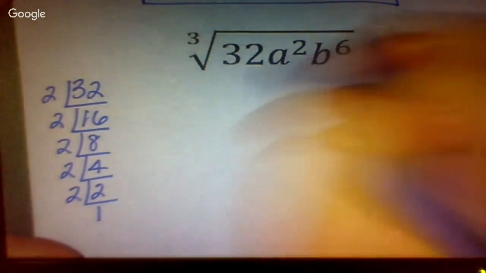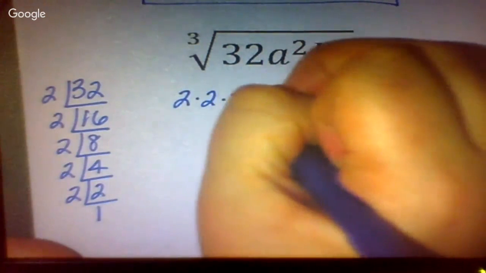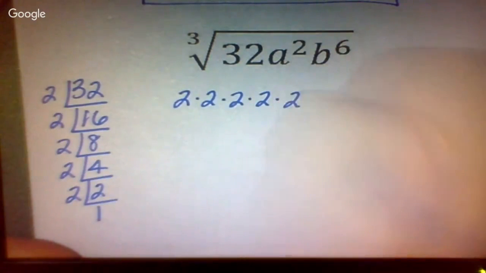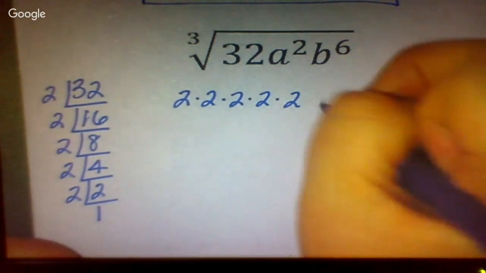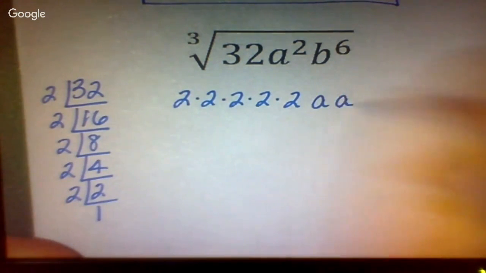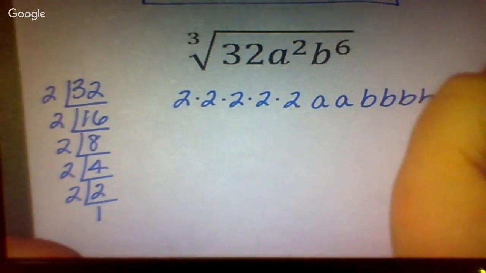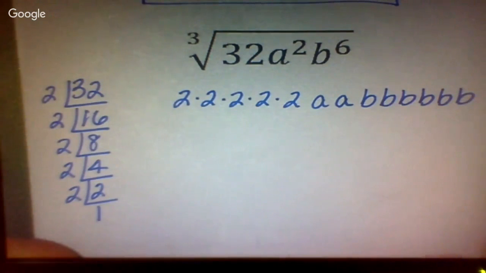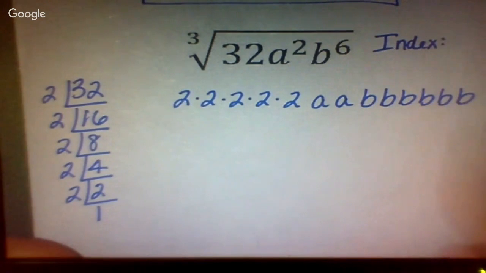So I can rewrite 32 as 2 times 2 times 2 times 2 times 2. I then have 2 A's and 6 B's. Two A's because I've got A squared and 6 B's because I have B to the 6th power.